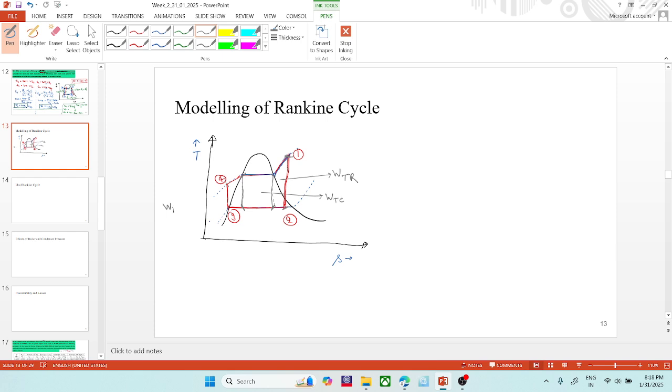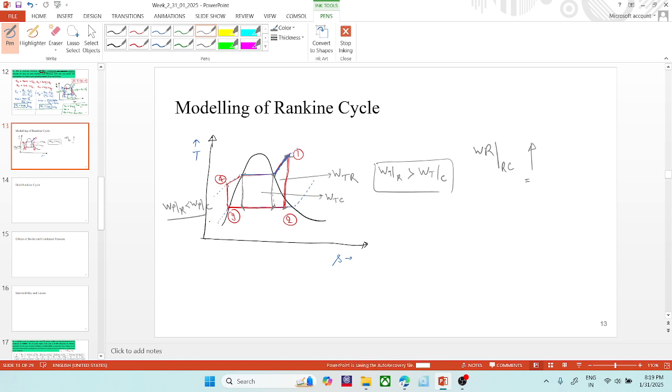So the pump work in the Rankine cycle is also reduced compared to the Carnot cycle, and the turbine work is increased. So the work ratio in the Rankine cycle is increased. That's why we have moved to the Rankine cycle.